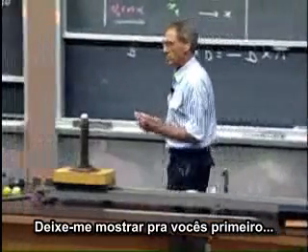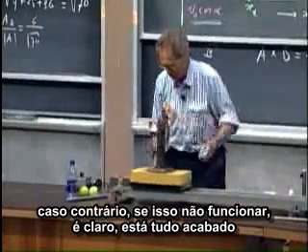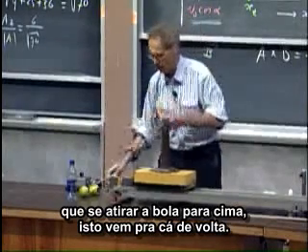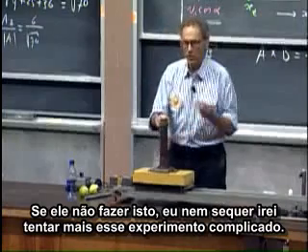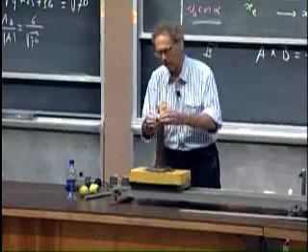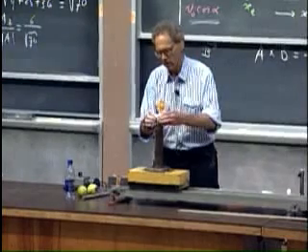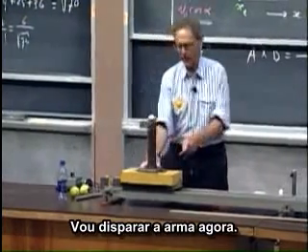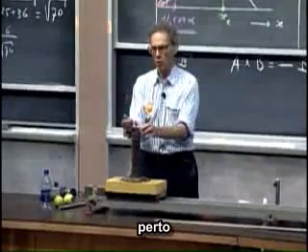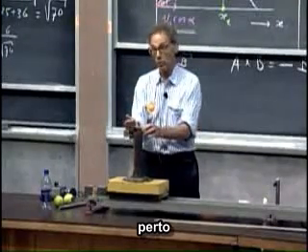Let me first show you, otherwise if that doesn't work, of course it's all over, that if we shoot the ball straight up, that it comes back here. If it doesn't do that, I don't even have to try this more complicated experiment. So here's the golf ball. I'm going to fire the gun now. Close. Close.